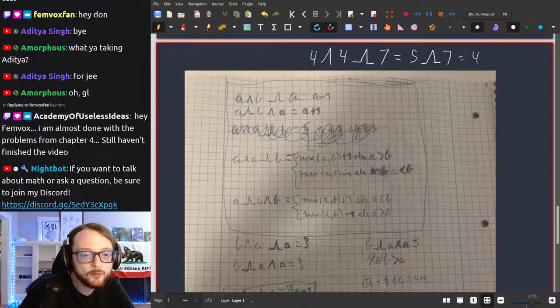That's not quite right, is it? That doesn't match this, right? Wait, no, that's for a greater than b. For a less than b, no, it's still not right. Actually, this is the one. If they're the same thing, this works differently, right?